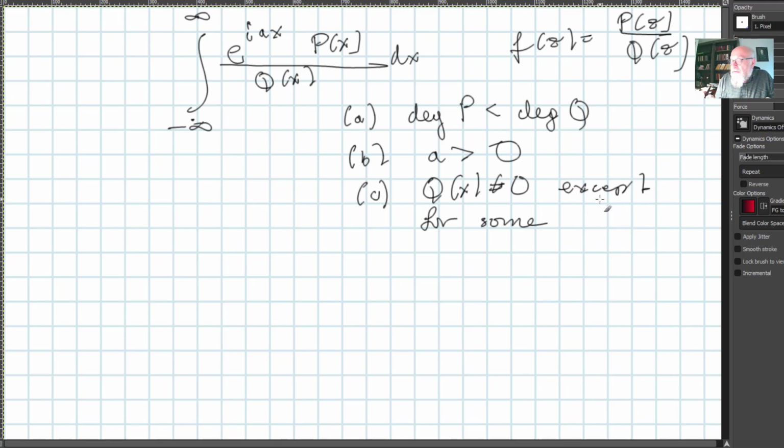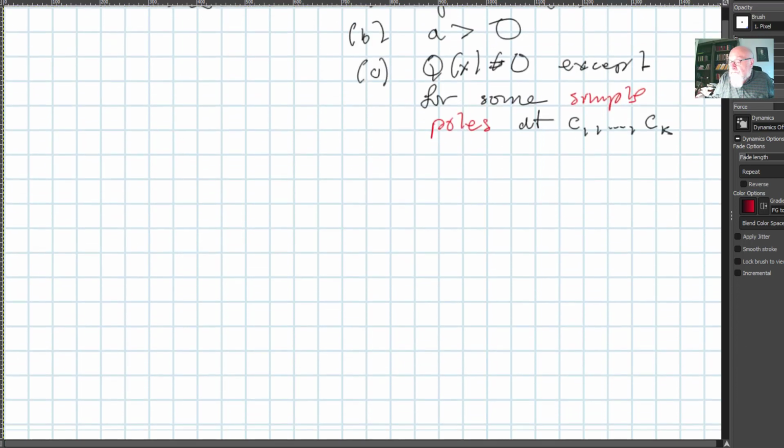Simple poles at c1, ..., ck. So I have simple poles now.